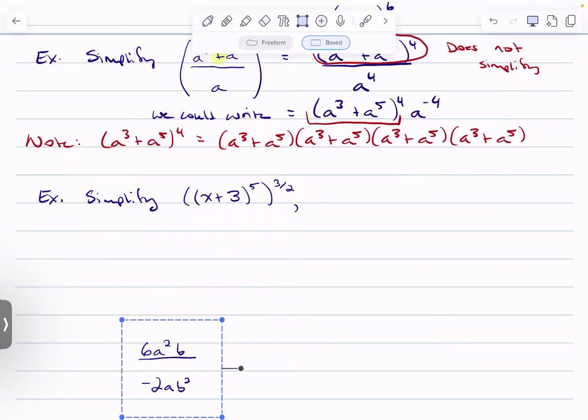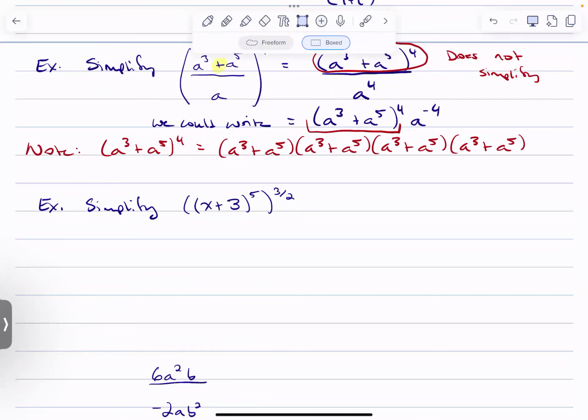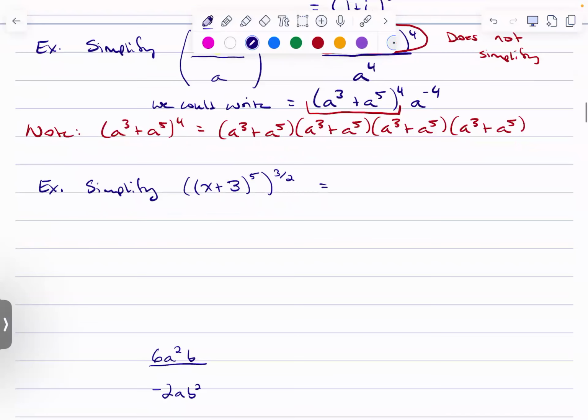What if we have something like this that we want to simplify? x plus 3 to the power of 5 to the power of 3 over 2. Okay. This is going to be, as long as we treat the x plus 3 as one thing, right?